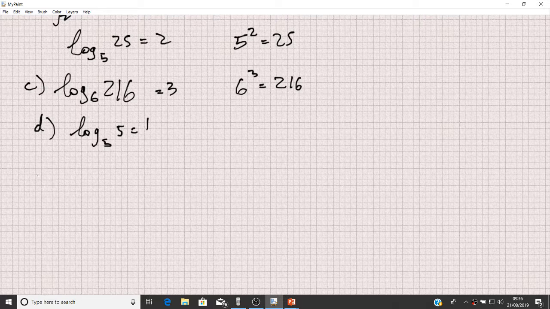So we have example E, log base 5 of 5 squared, which is log base 5 of 25, which we've got up here. If you do it on your calculator, you will see that gives you 2.